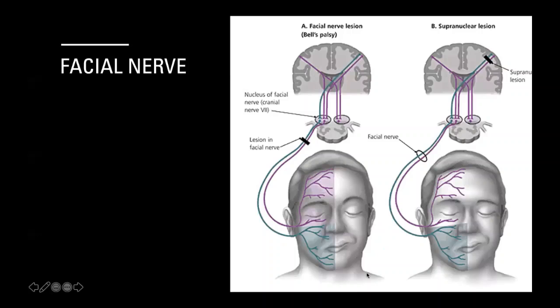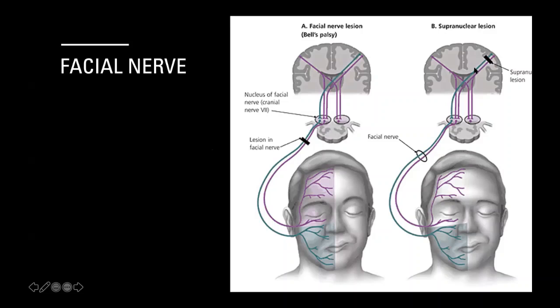So the reason earlier on we had that question on is it forehead sparing or is it not forehead sparing, and this is a brief explanation of why a forehead sparing issue is going to be an upper motor neuron or supranuclear lesion.